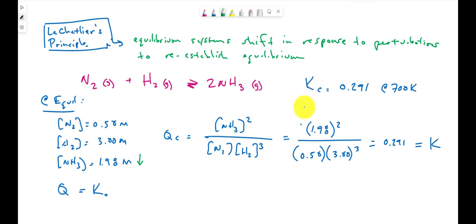So that value starts to decrease. If that decreases, then the overall value of Q starts to change, and now the whole system needs to start to move back to the right to make more of that ammonia and to decrease the concentrations of these two things such that the ratio is preserved. So it's all quite logical how Le Chatelier's principle applies.